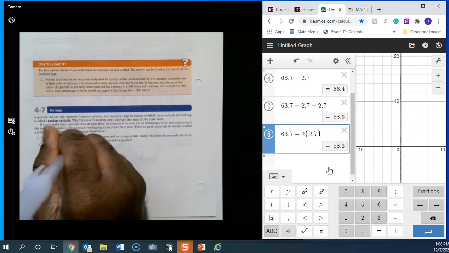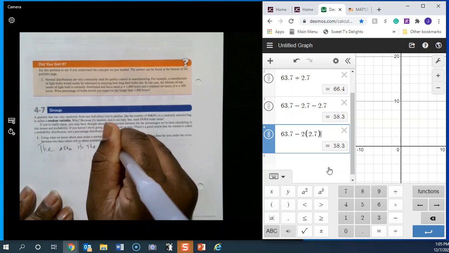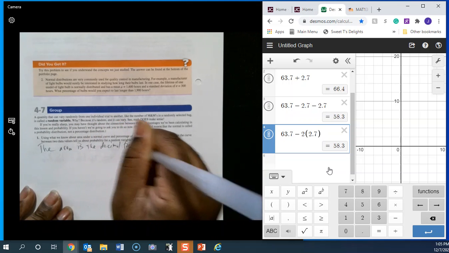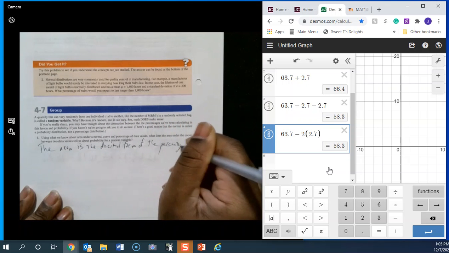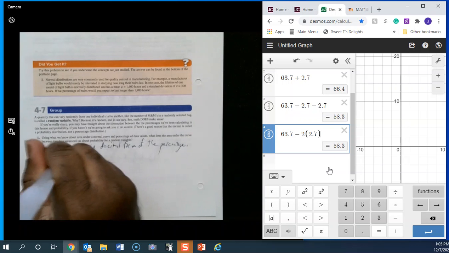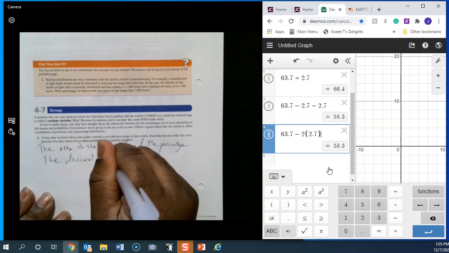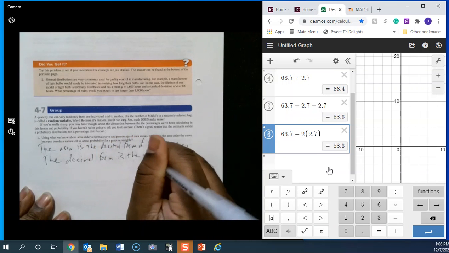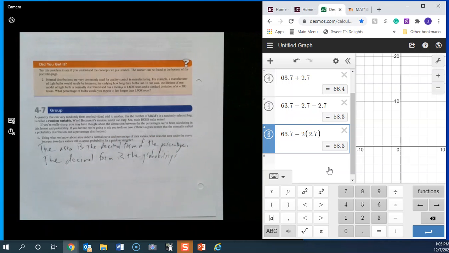The area is the decimal form of the percentage. The decimal form is the probability. Okay, so there's no really sophisticated tricks here. So that's basically it.